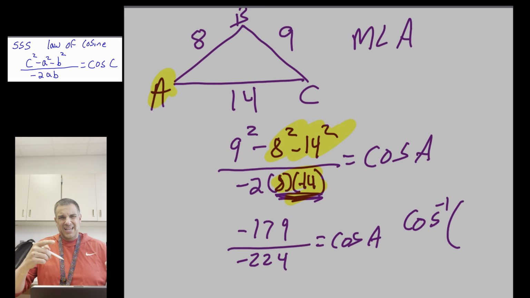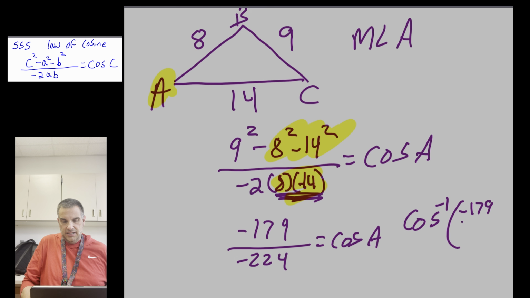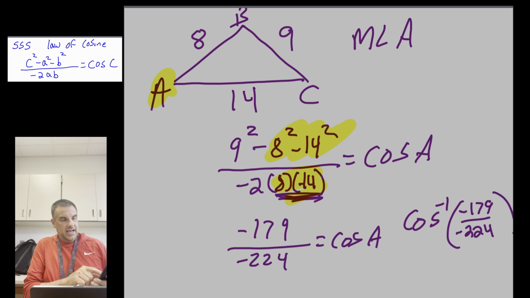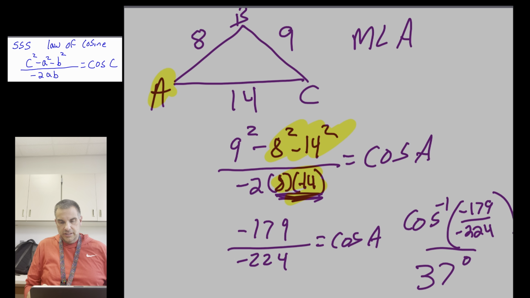A negative and a negative is going to make a positive, or you can do negative 179 divided by negative 224. So second cosine, negative 179 divided by negative 224, and you get, to the nearest degree, 37 degrees.